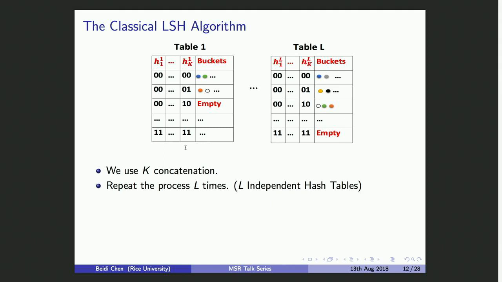So if the probability of two vectors colliding one time is p, then it's p to the power of k. And you do that for many tables. So it's 1 minus (1 minus p to the k) to the L. So that's the probability, and you can tune this k and L for different properties you want.